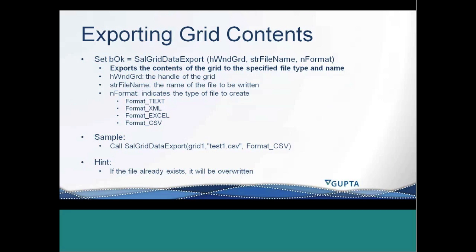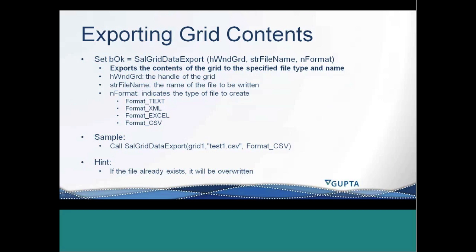Okay, so to export the grid contents, it's a simple call to the function SalGridDataExport, and that function will export the contents of the grid to the specified file type and name. The first parameter will be the handle of the grid, as usual. The second parameter is the name of the file that you'll be writing to, and the last parameter is the format to create.